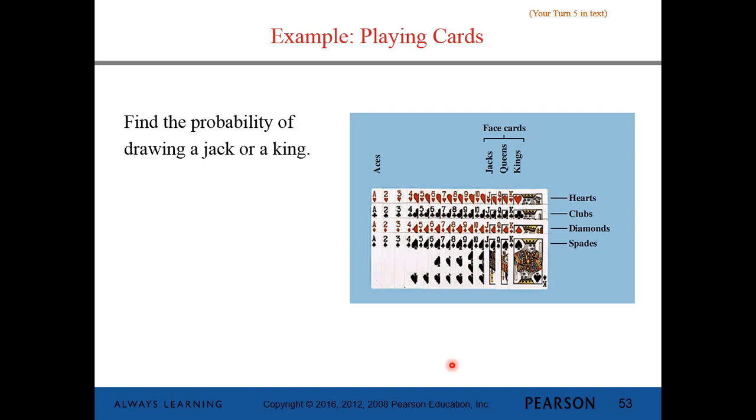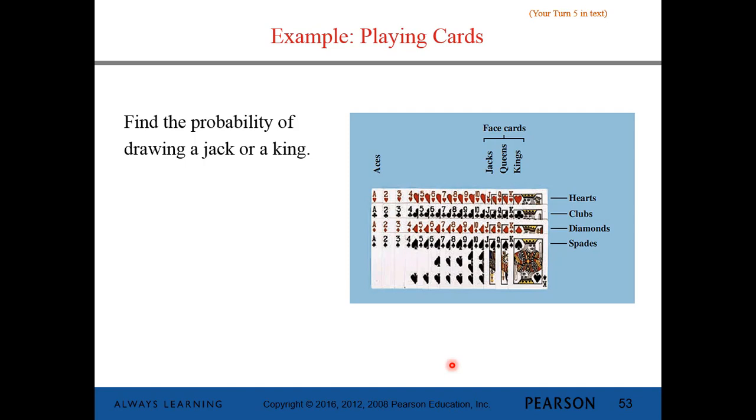find the probability of drawing a jack or a king. Well, how many different ways can I get either a jack or a king on one draw? How many jacks are there? There's 4 jacks. How many kings are there? There's 4 kings.